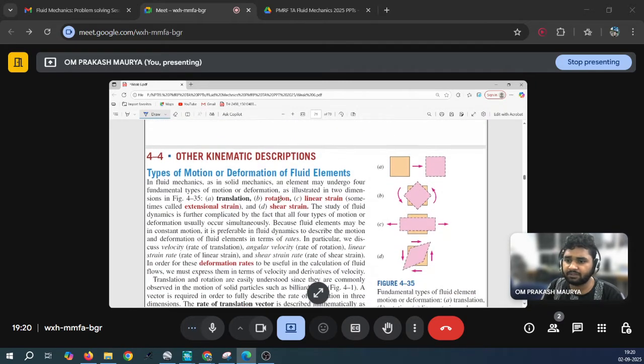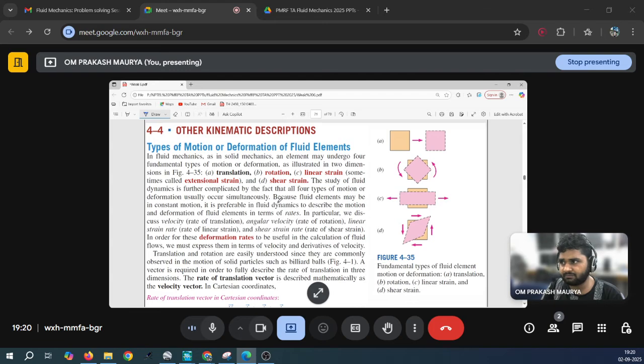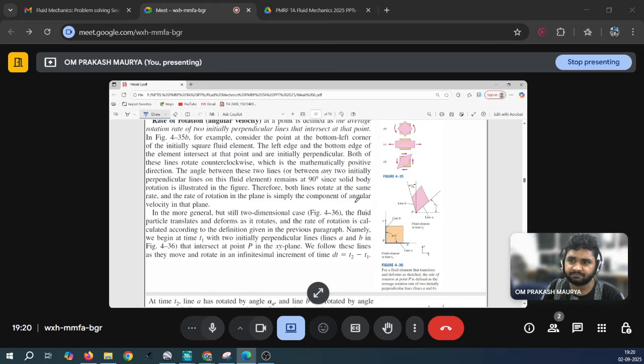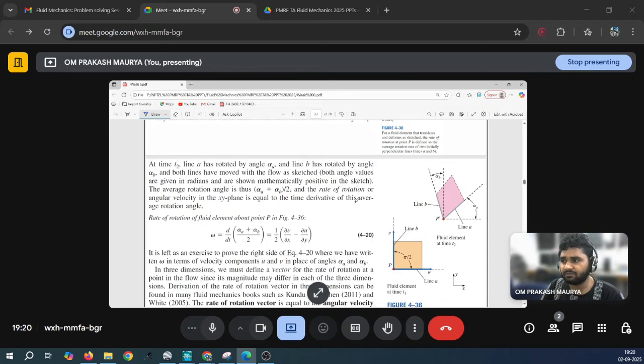For this question we have the expression, some concept relating shear strain, how it links with the components, and the rotation we were discussing previously. Here you can see it is very easy, and the explanation is given very well, along with some theory.